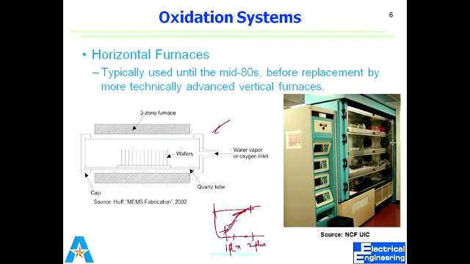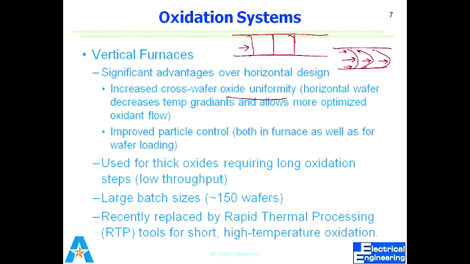So in a horizontal furnace, the cross-wafer oxide uniformity may not be very good, because the heat distribution is not uniform across the wafer surface. Initially the lower part may be at high temperature, but the upper part of the wafer is still waiting for the heat to move forward.